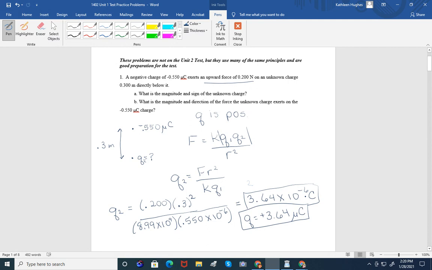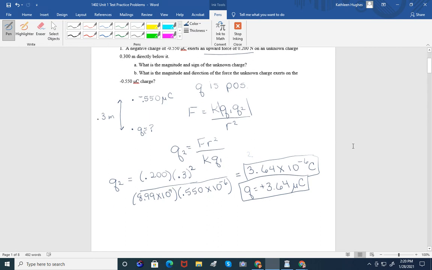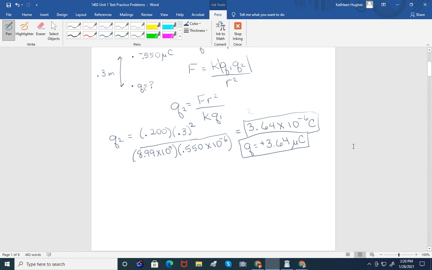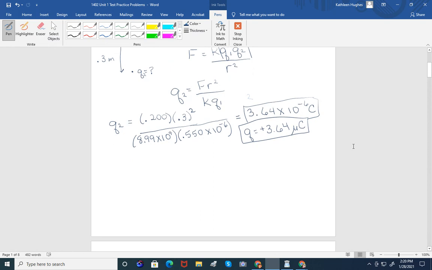There is a part B. Part B says, what is the magnitude and direction of the force the unknown charge exerts on the negative 0.550 microcoulomb charge? Well, that one, y'all, is really the easy question.